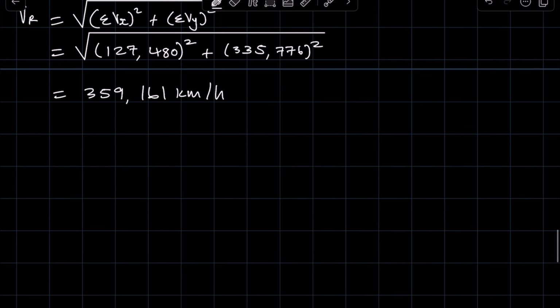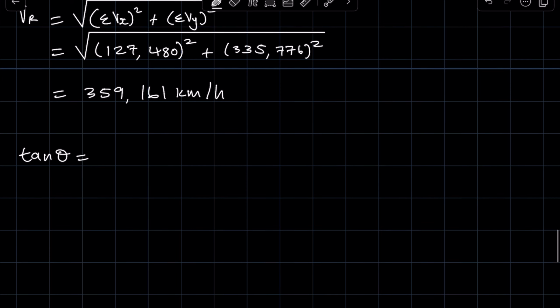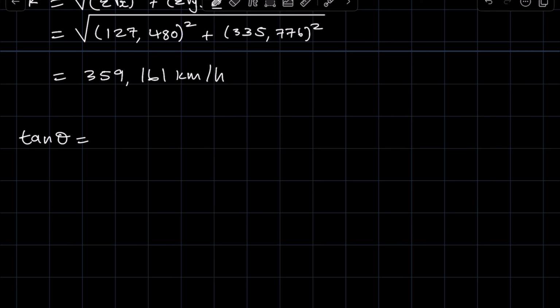In calculating the direction, we simply use tan theta is equal to the sum of v in the y direction divided by the sum of v in the x direction. Taking this approach means that this angle is referenced from the x-axis.